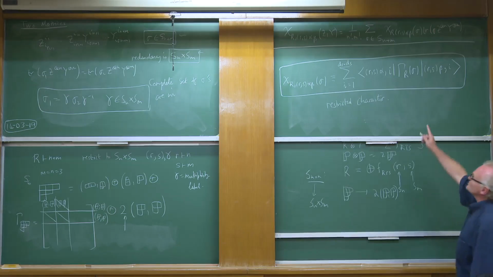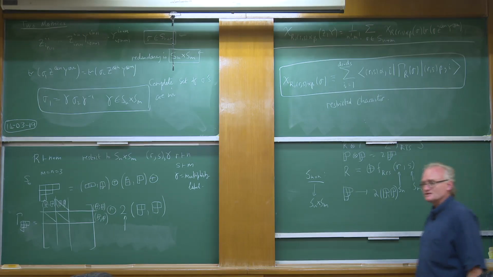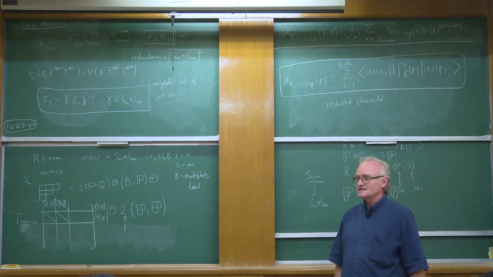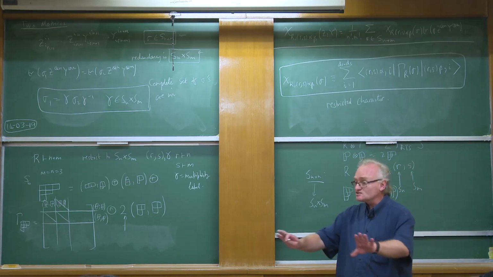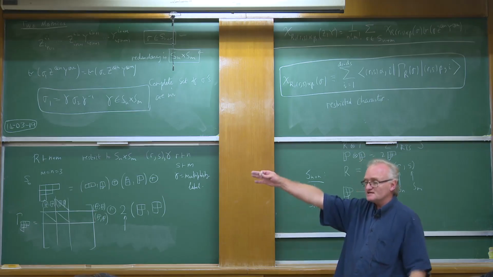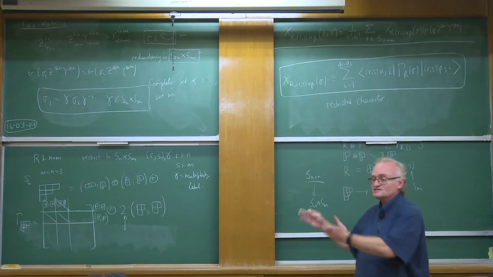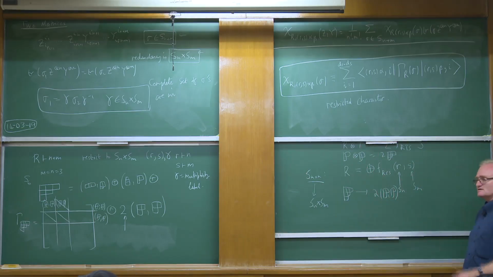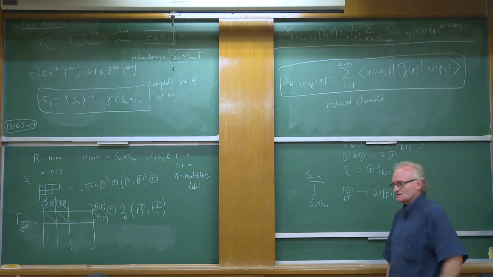Now, Schur-Weil duality is the exchange of the Sn permutation and the Un. This commuting action of Un and Sn on the space V tensor n has all of these consequences. But in particular, suppose I take the same V tensor n as before, where n was m plus n.